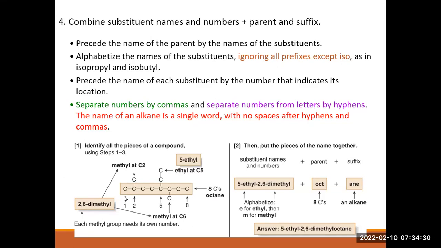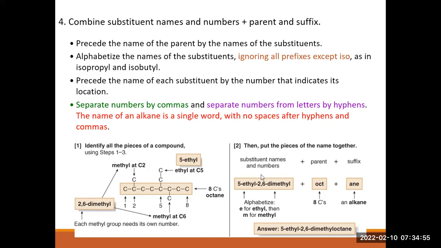This chain has 2 methyl substituents. Therefore, that's 2,6-dimethyl because of 2. And then their positions are at 2 and 6. And then we also have a 5-ethyl here because its position is 5 and that name is ethyl.